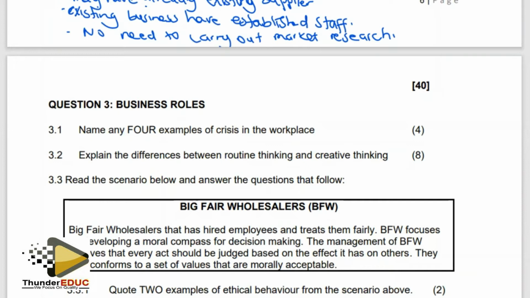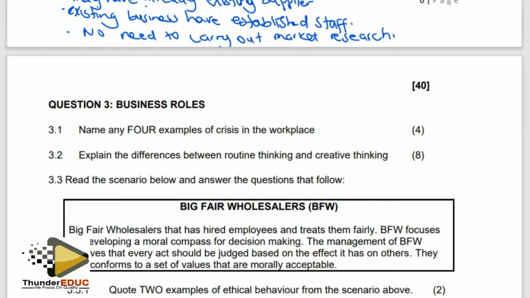As usual, I don't expect any person to choose question 3 when he cannot attempt 3.1, because it is always simple. It is a very low order question that requires us to state, to mention, to name, outline. Those are very simple verbs that we just need to work on.